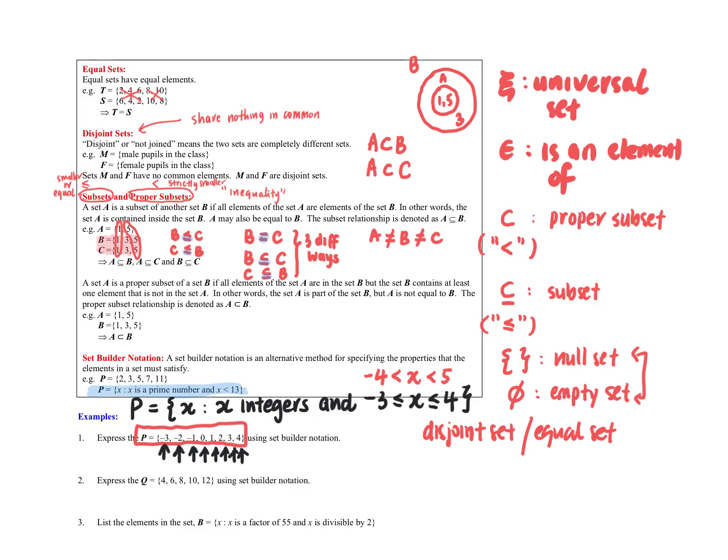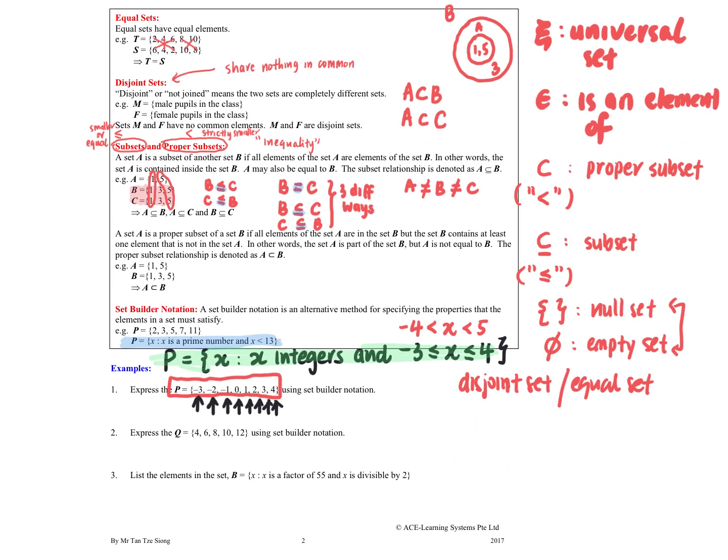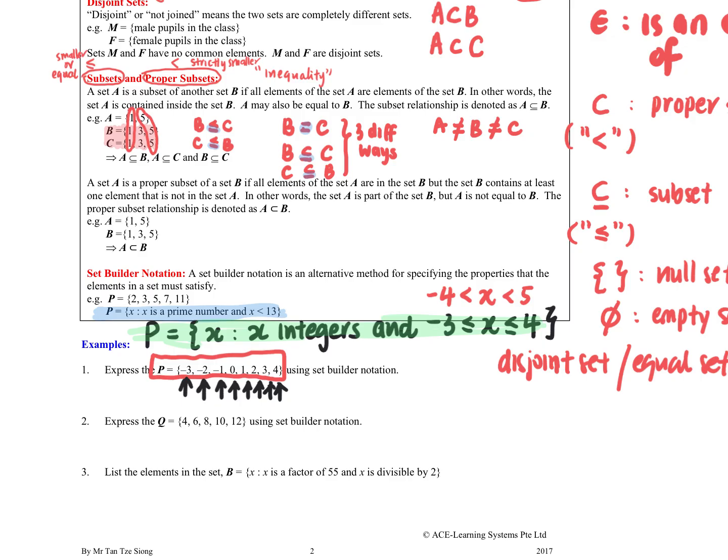So this is the answer I want for part 1. Union later. Union is 1.3. We'll go to that in a bit. Okay, this one. 4, 6, 8, 10, 12. So Q is the set containing all the X such that X is what?